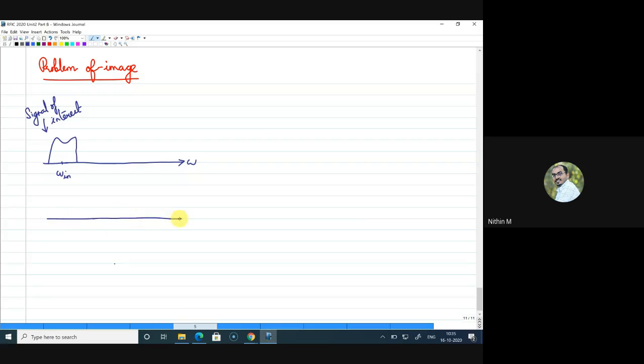Now for down conversion, in the down conversion mixer, we have to provide an LO frequency. The LO frequency can be greater than omega in, or it can be lesser than omega in.